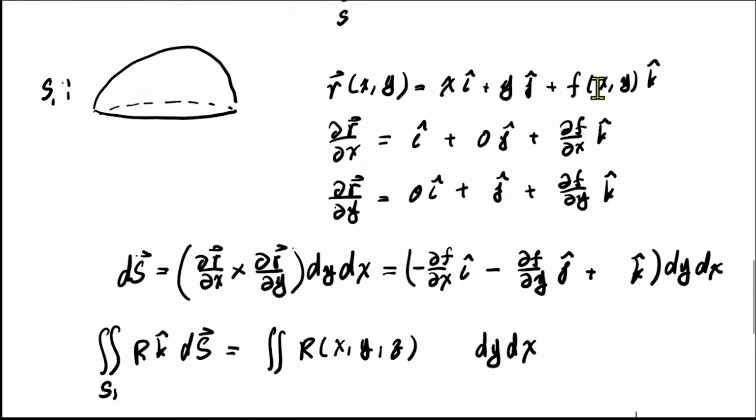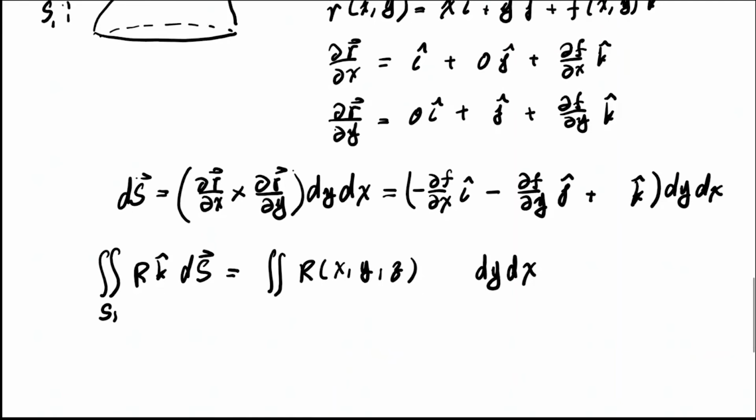Remember that when we do a surface integral, this is x, this is y, and this is z. So we have to make that substitution, correct? So instead of x, y, and z, what I have to do is put here f of x and y, and this is over S1. Are you with me?